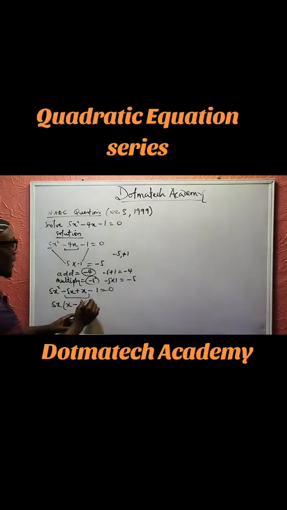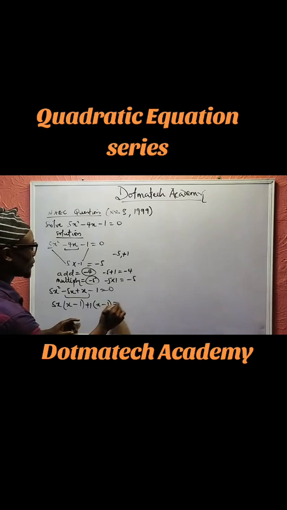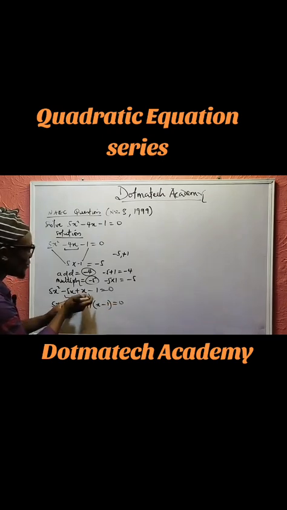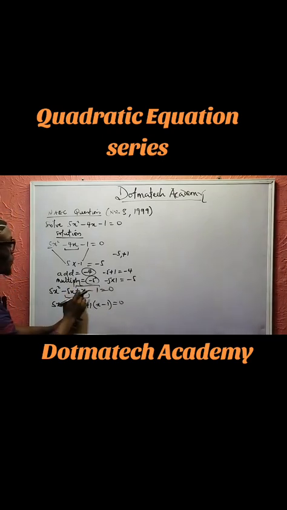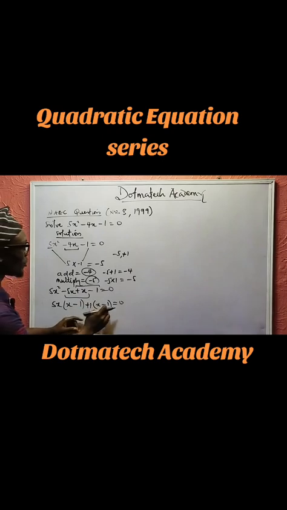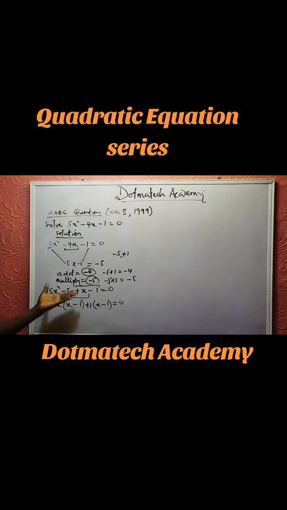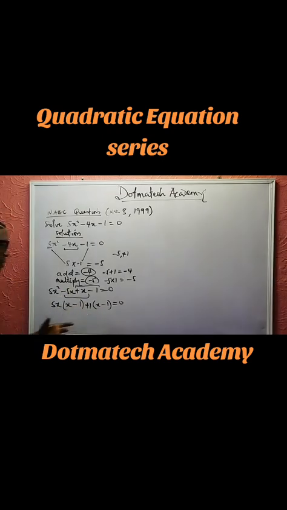Then for the same thing, you bring out plus 1. Plus 1 times x gives plus x, then minus 1. When you open this bracket, you should be able to get this: plus 1 times x is plus x, plus 1 times minus 1 is minus 1. Same sign, plus; different sign, minus. Please always check this so that you do not make mistakes in your write-up.